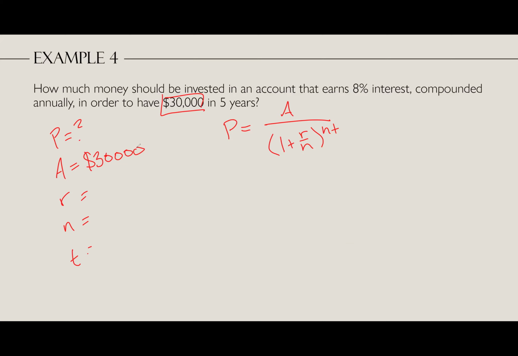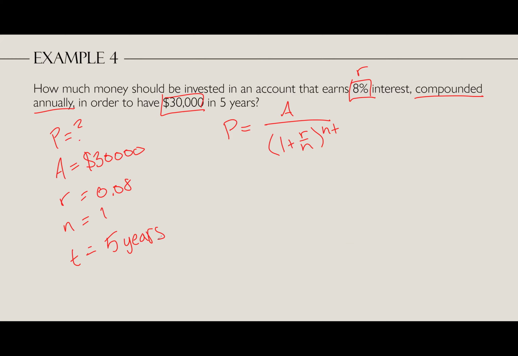Well, for my interest rate, we have 8% interest, or in this case, 0.08. Next is n. How many times per year am I compounded? Well, in this case, we are compounded annually. Annually is how many times per year? That's once per year. And how long am I waiting? Well, I'm waiting for 5 years.